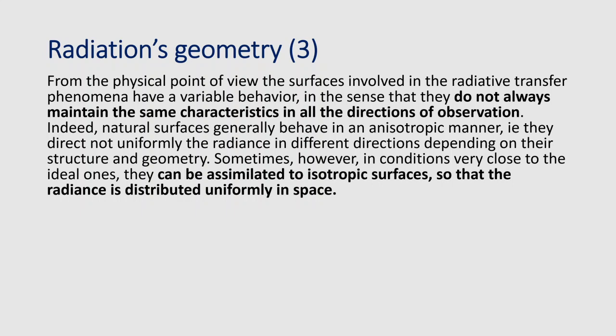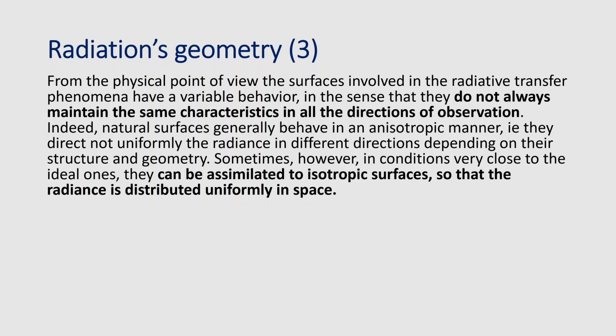For example, they direct not uniformly their radiance in different directions depending on their structure and geometry. Sometimes, however, in conditions very close to the ideal ones, they can be assimilated to isotropic surfaces, so that the radiance is distributed uniformly in space.